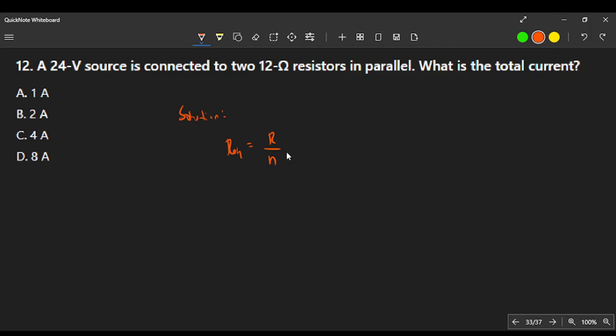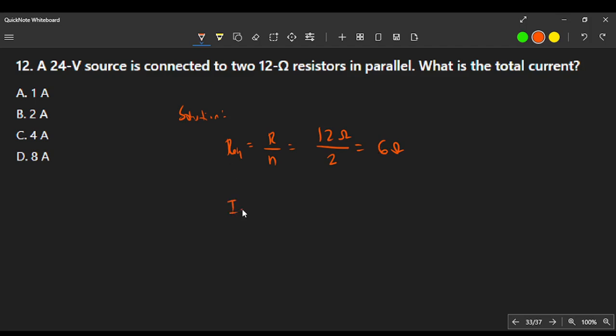So that is if your resistors are equal, equal resistors connected in parallel. So for this one, the value of the resistor is 12, and there are two connected in parallel. So divide by 2. So this will be 6 ohms. So this is the shortcut formula if equal resistors are connected in parallel.